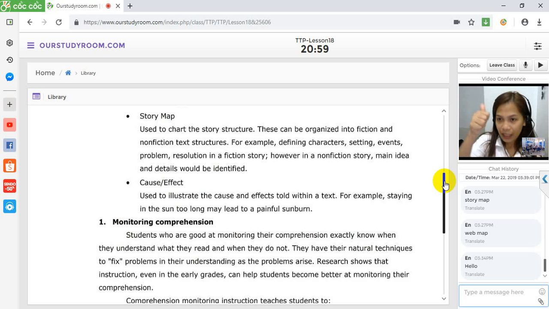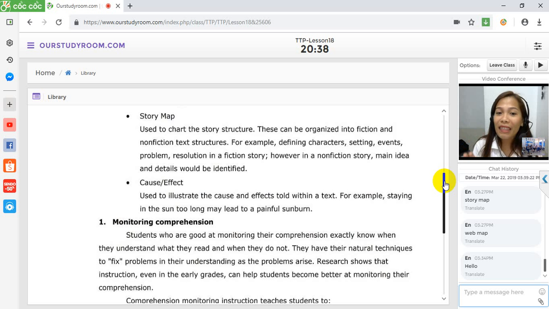Yes, really, that's good. So you let them summarize or retell the story in their own words. Not the words found in the story, but their own words. Because in that case, you will know if they really understand the story.